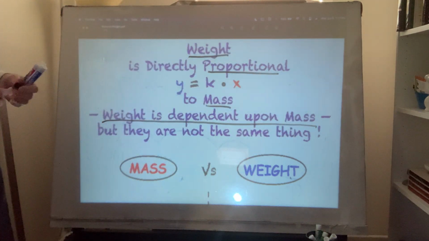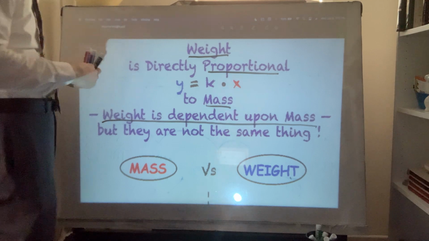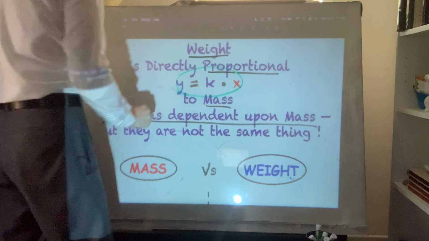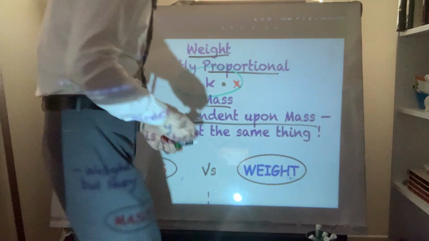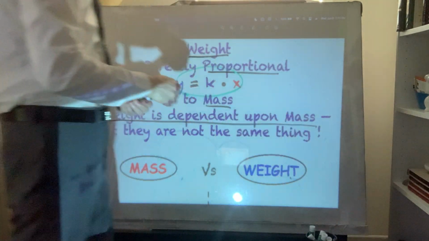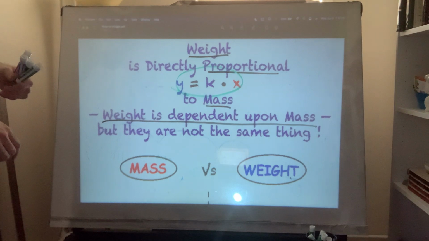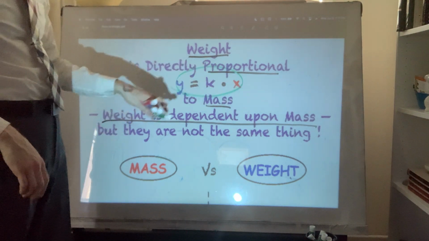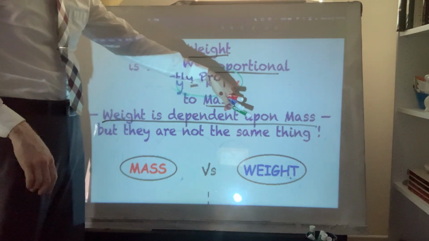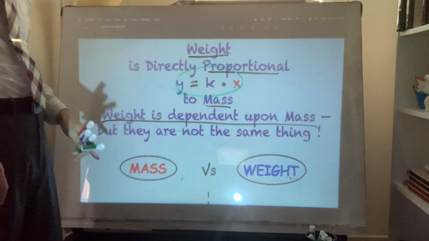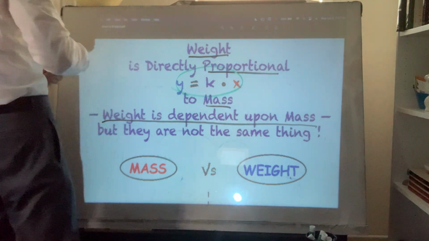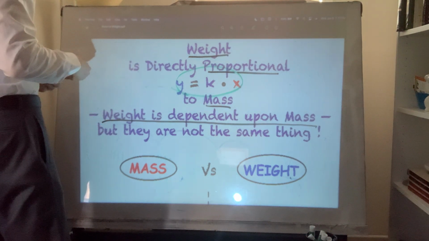Remember back from MAT-113? If you had me for MAT-113, then you very likely had seen this model. That's a terrible green. Y equals K times X. And I purposely put these in different colors to show you that they sit in different places and they have essentially different labels.